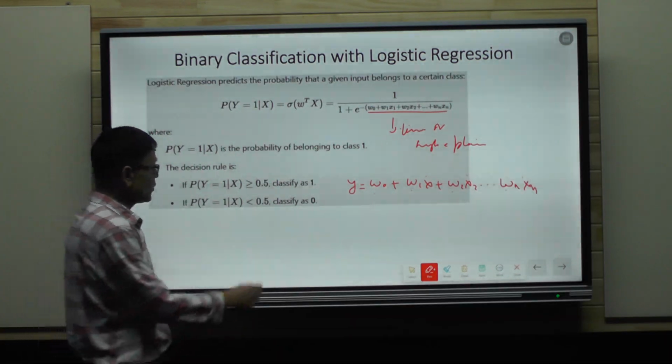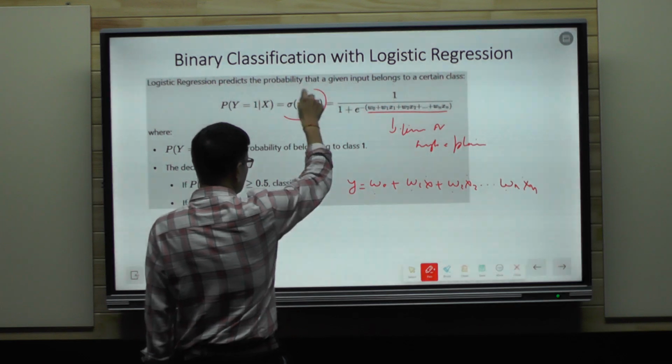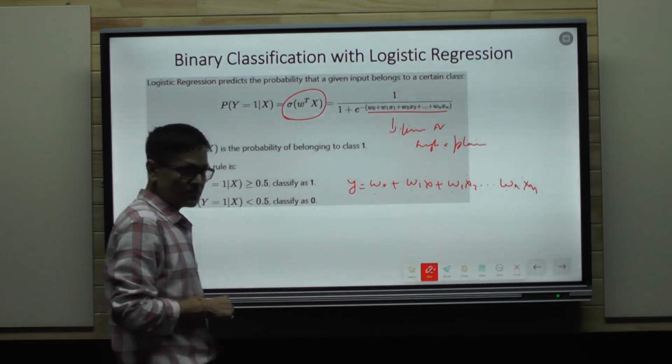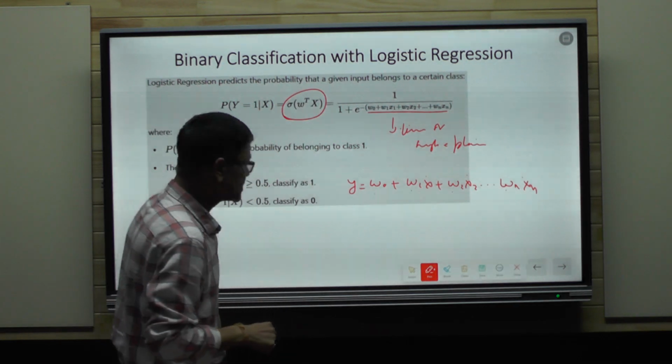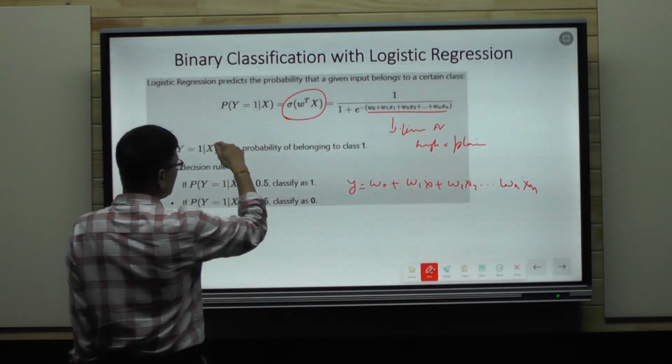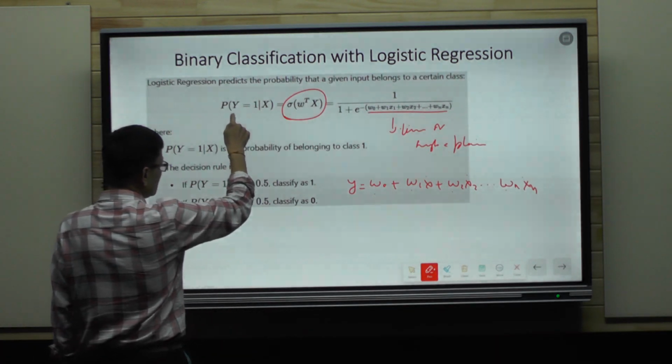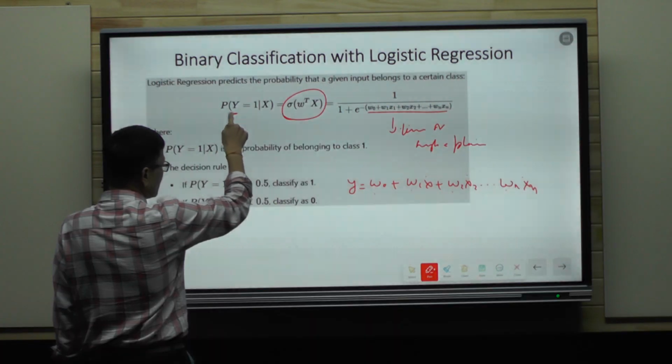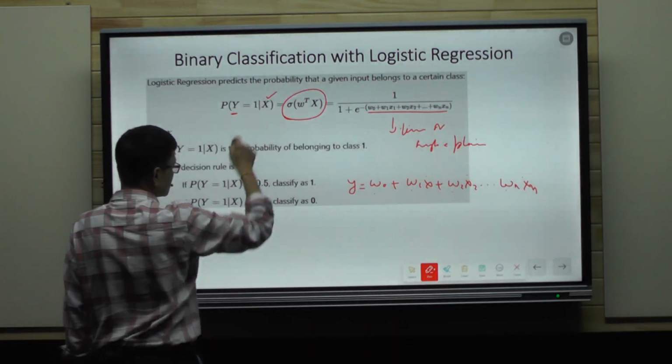So this was our original sigmoid function. What will it give? It will give the value of y for x.